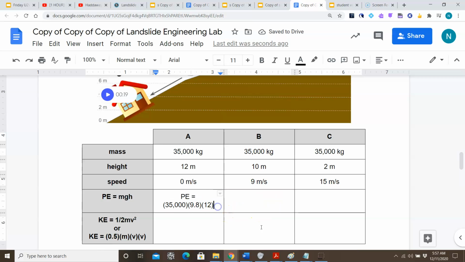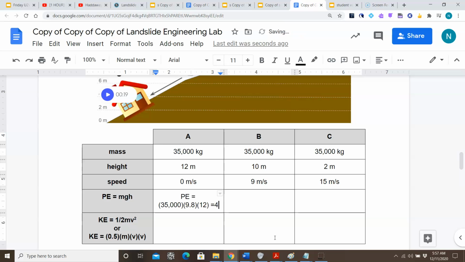Okay. So for that, you're going to multiply those numbers together. So 35,000 times 9.8 times 12 gives you this very big number.